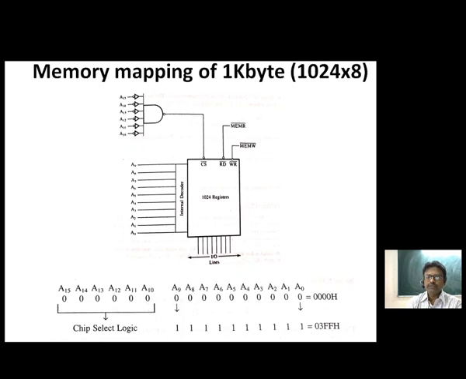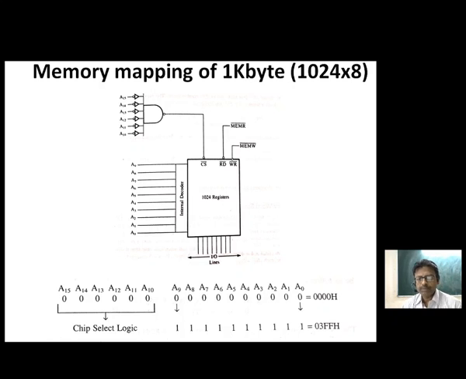The meaning of 1024 into 8 is that it is representing a memory chip which is having 1024 registers, and each register is able to store 8-bit numbers. So that is why it is represented as 1024 into 8.